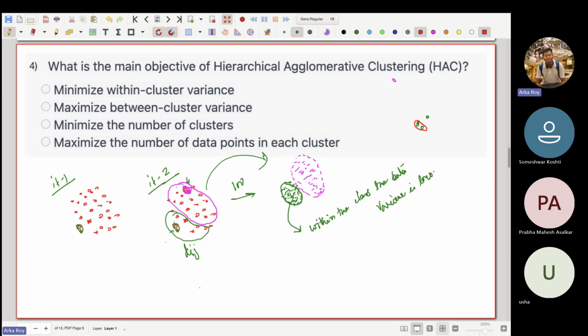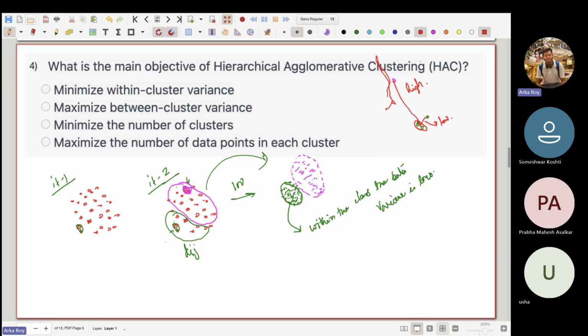Now at iteration 2, you have this centroid at this position, the average of these two data points. Then you calculate the distance from this point to this point and this point to this point. Obviously the variance over here is very high and the variance over here is very low. Variance means how the data points are spread from the mean of the distribution. So you can see that the spread from this centroid to this point is very high, whereas this is very low.